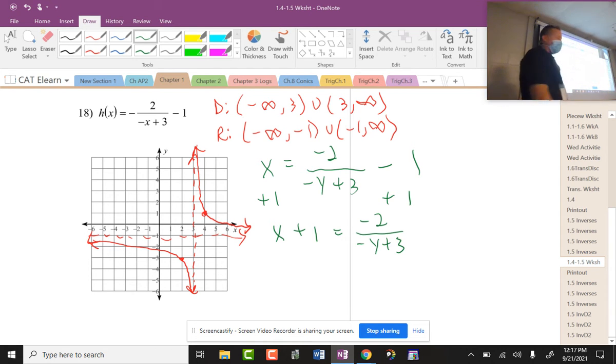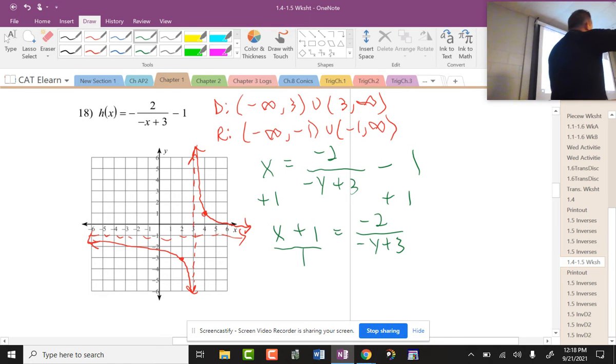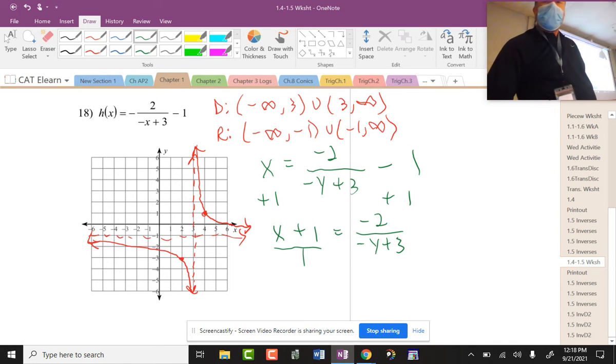All right, we can look at this two ways. Make this over 1 and cross multiply, or multiply both sides by negative y plus 3. It's the denominator that I have to clear out. So if I don't want to do that, I'm going to cross multiply and we'll be in the same spot.